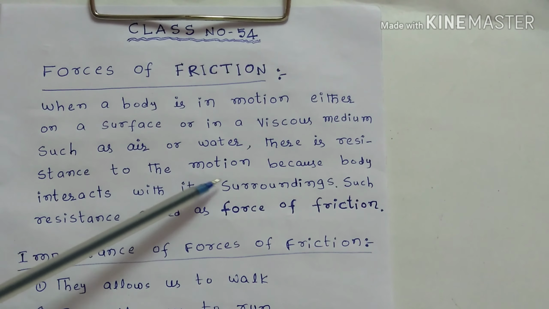Such resistance is called the force of friction. Simply, this body which is moving in another medium, or moving on another object, interacts with the surroundings. That is the reason these forces of friction come.